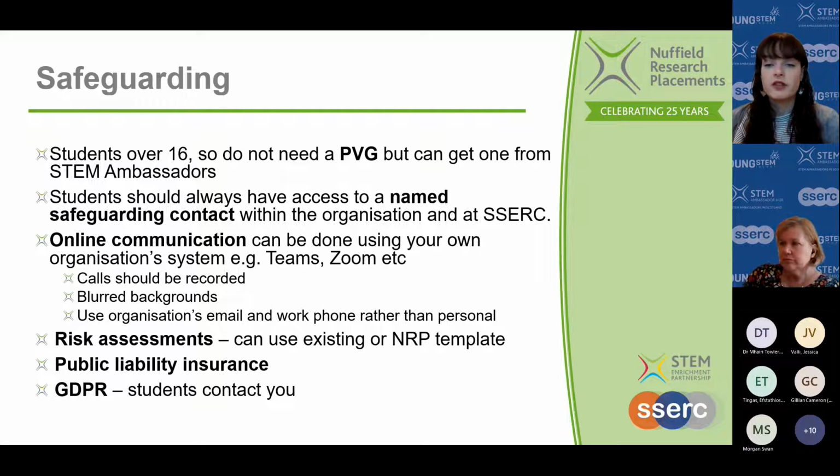And then last thing for this bit, because of GDPR, we can't give out the student details to you. So what we do is, once you've accepted a match, we'll give your details to the student and they'll get in contact with you from there. We will then agree on the activity between us and CERC, and maybe the student as well. We'll agree on the activities the student's going to do with you.